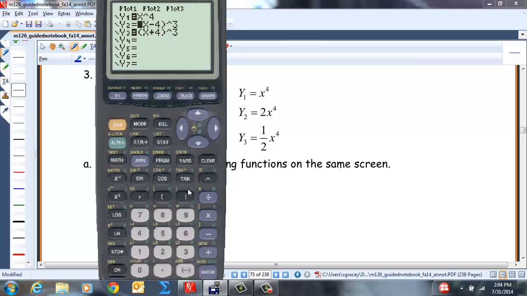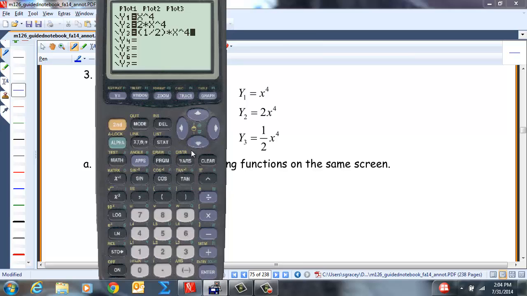And then let me just clear this. It'll be 2 times x to the 4th. And this one will be 1/2 times x raised to the 4th.